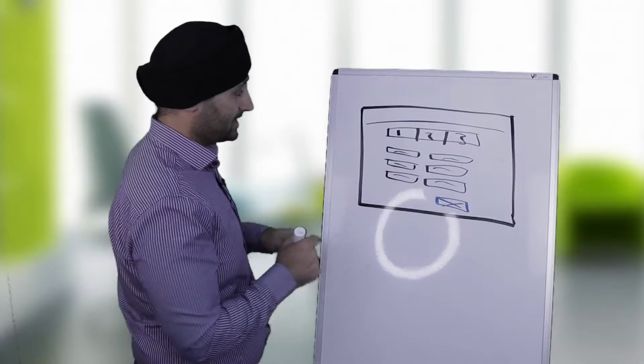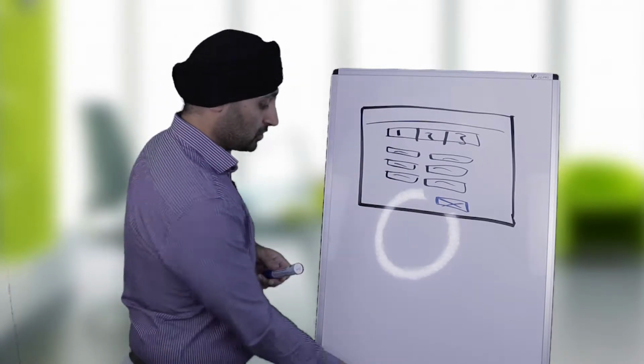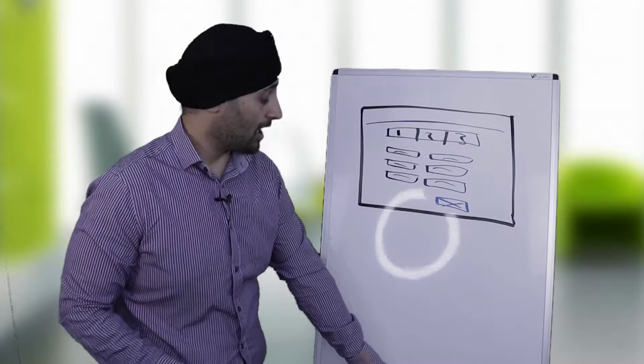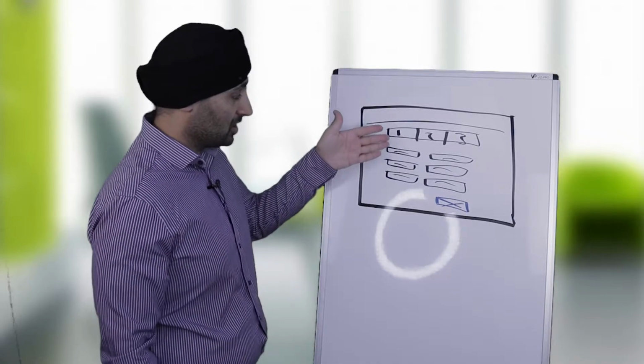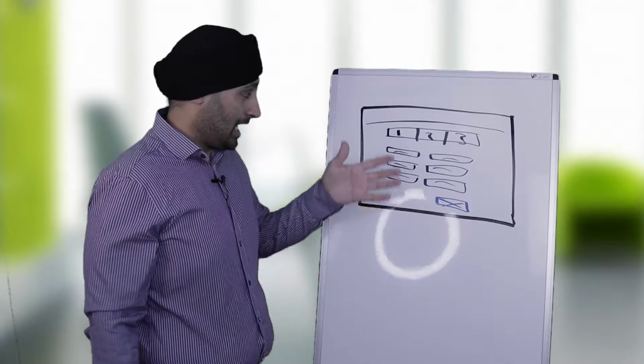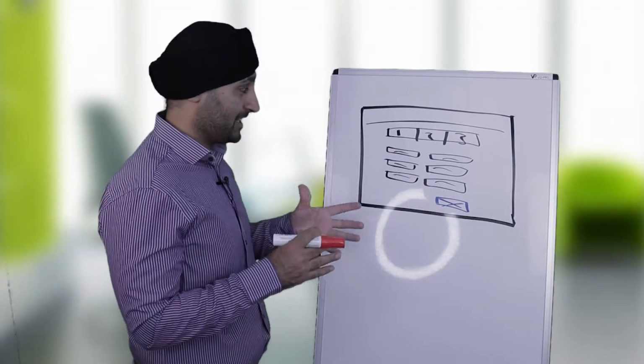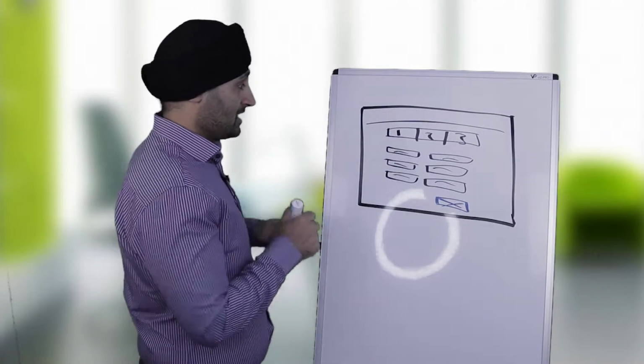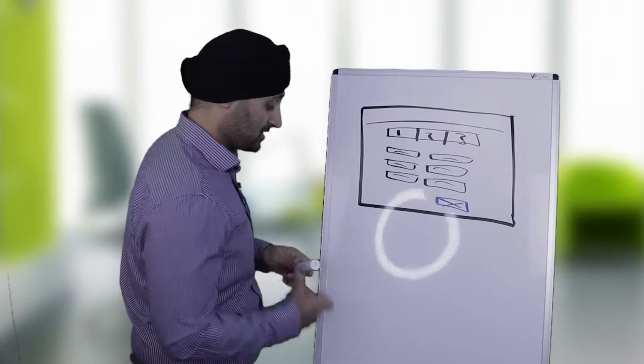So user experience design is effectively how easy and nice it is for the users to be able to use our application. That comes down to the layout. How does the user feel when they are looking at the input fields? Do things make sense? Is it easy for them to understand where they are?